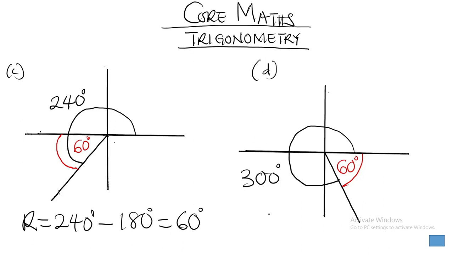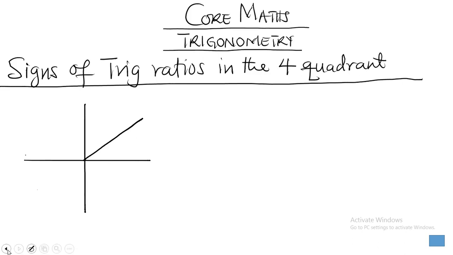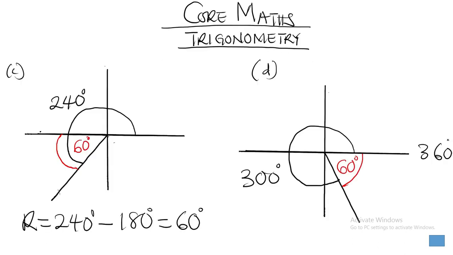Right, and then the last one. The principal angle is 300 degrees, and we are to find the reference angle. The reference angle is the acute angle between the terminal side and the x-axis. So here, the angle is 360 degrees.